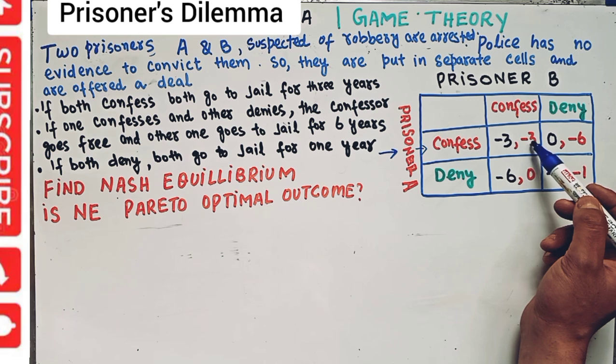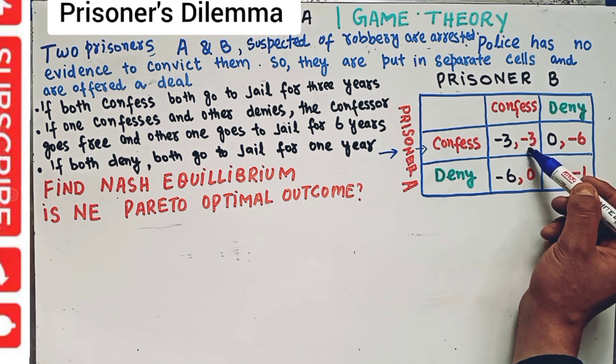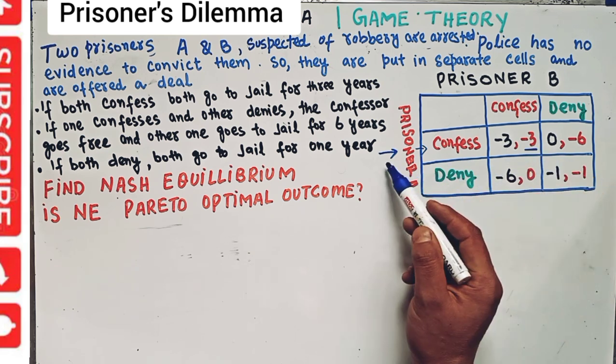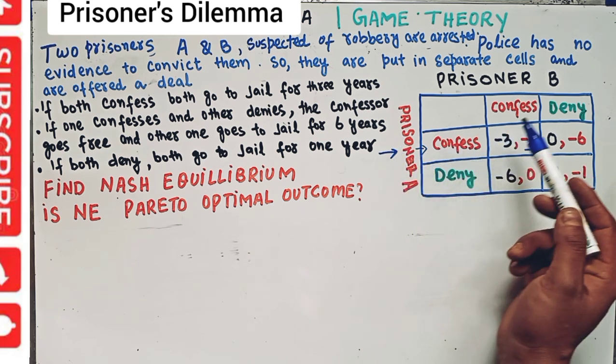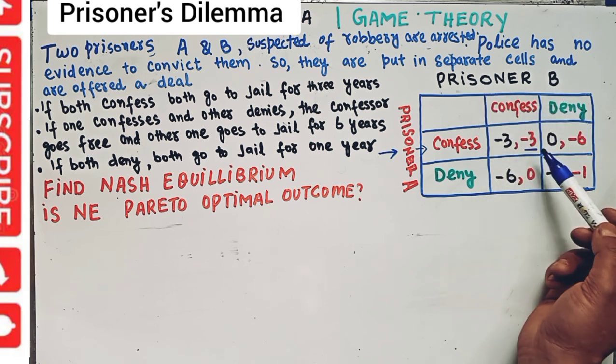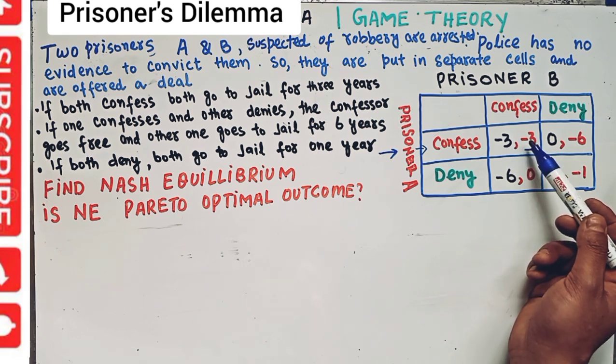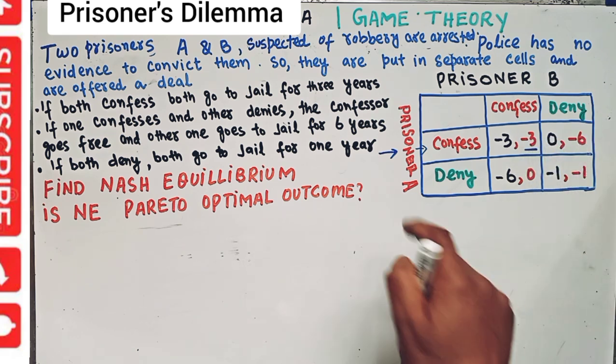Since negative 3 is greater than negative 6, he will choose to confess also. So when prisoner A confesses, the best strategy for prisoner B is also to confess, because minus 3 is greater than minus 6.